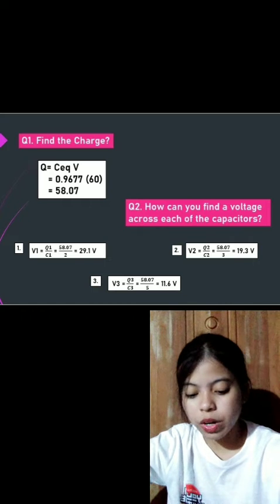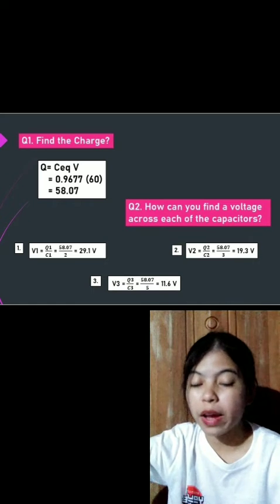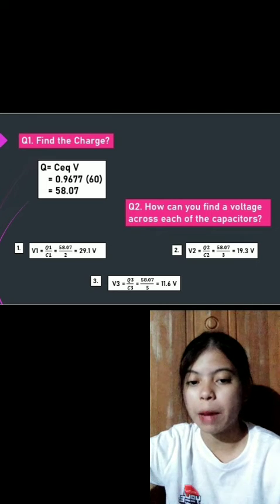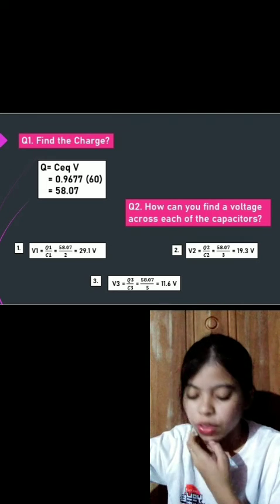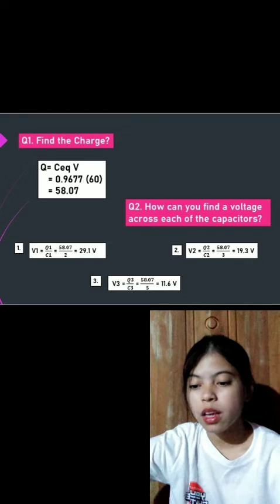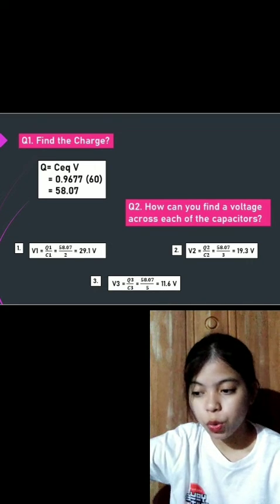Now the second question: how can you find the voltage across each of the capacitors? The first one, V1, is going to be Q1 over C1.